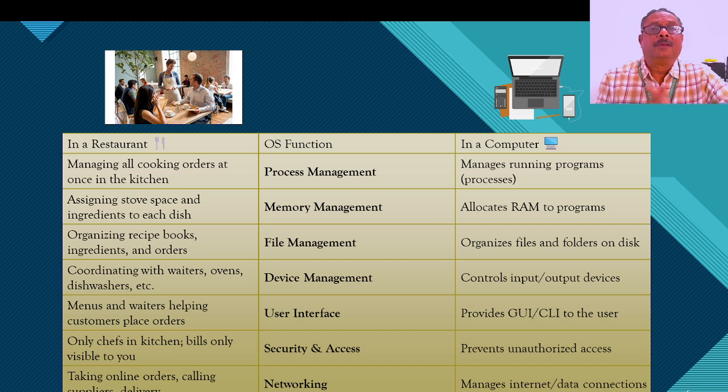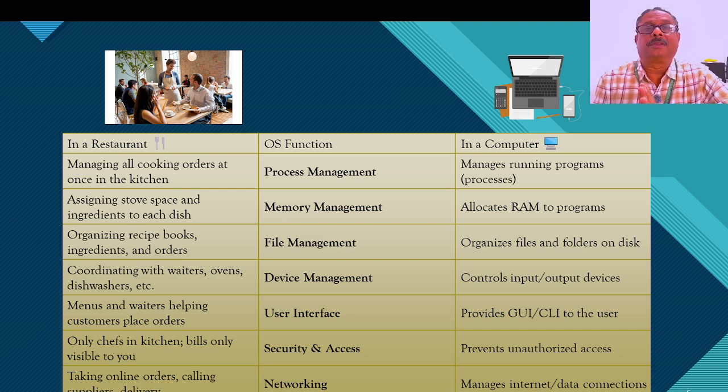In the computer world, we want to prevent unauthorized access to any of the resources, maybe files, maybe processes, or anything. To ensure that unauthorized access is not allowed, proper security measures have to be taken. Authentication and the like are required for access control. That is taken care of by the security and access component of the operating system.